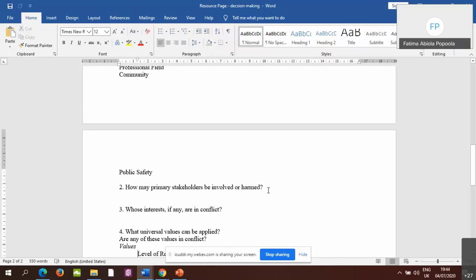Yes, go ahead, Prof. I don't understand what stakeholders are. The stakeholders are who is involved. Already we have established the clients, anybody who's a stakeholder in the issue. When we talk about a stakeholder, how would the issue of having an alcoholic beverage kill the community? Who is it? Anybody who has an interest or is affected by that issue is the stakeholder.